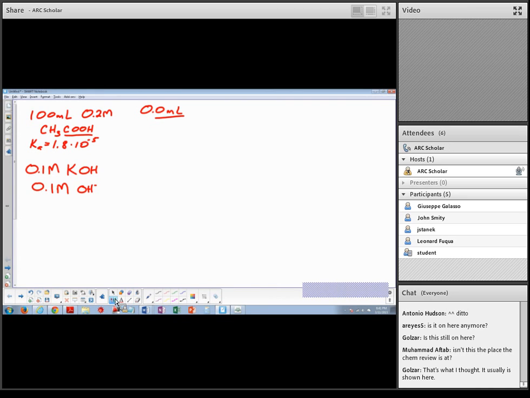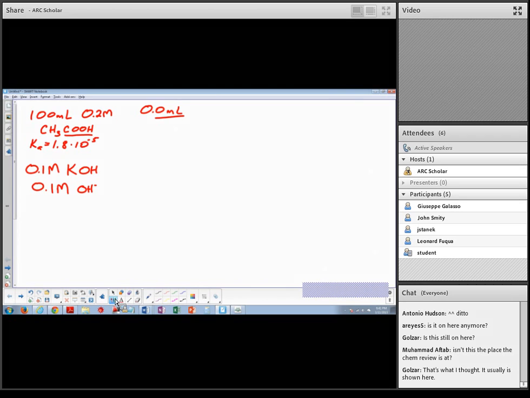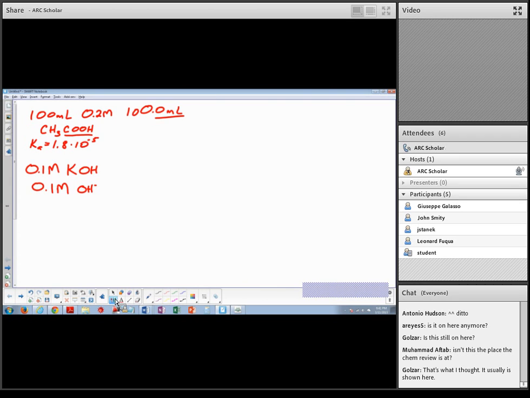Let's skip ahead to adding 100 milliliters of the potassium hydroxide. After you start adding the base, you have to break the problem down into two steps. The first step is your neutralization.